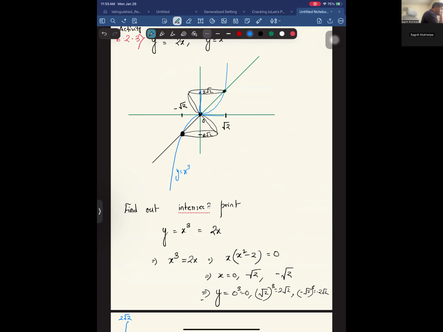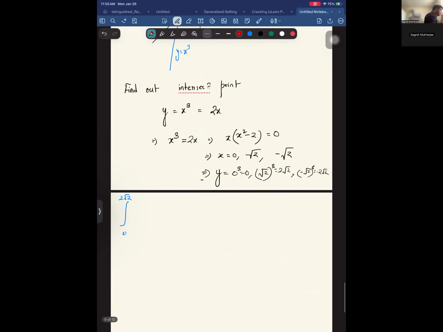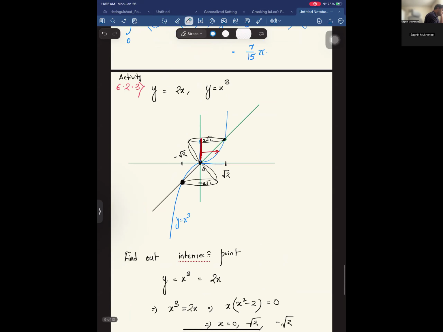For this part, notice that the x cube function is larger, right? So x cube should come first and then 2x, right? My bad, my bad. I'm really sorry. We are doing it as a function of y. So we should do something like this.